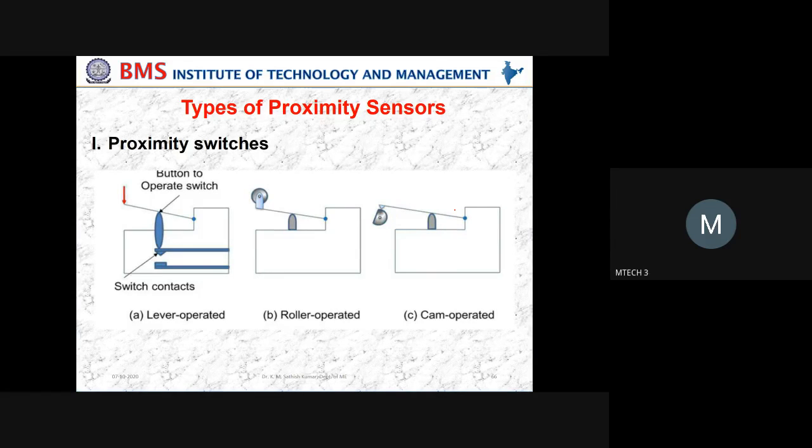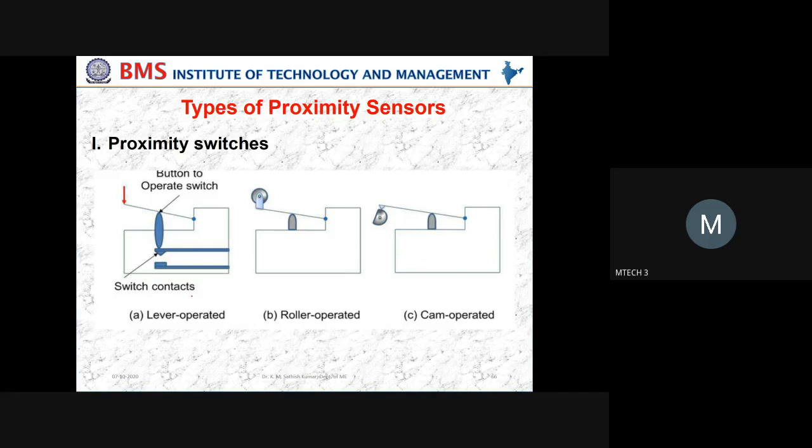Number one is called the proximity switches. In these proximity switches, if you observe, these are all switches. The same diagram that I am showing here is also present here. Here also there is a contact. We have two different contacts here, which I will call the switch contact.